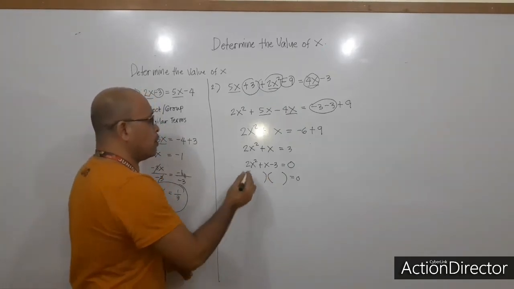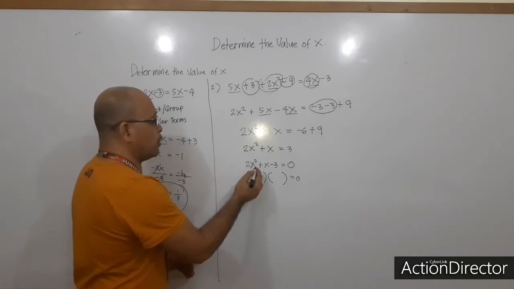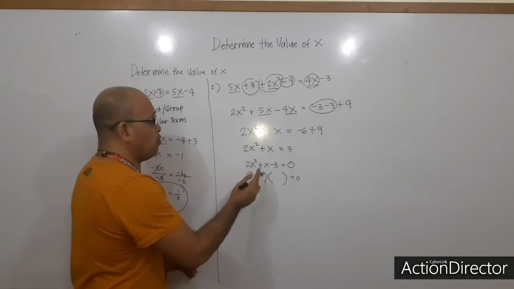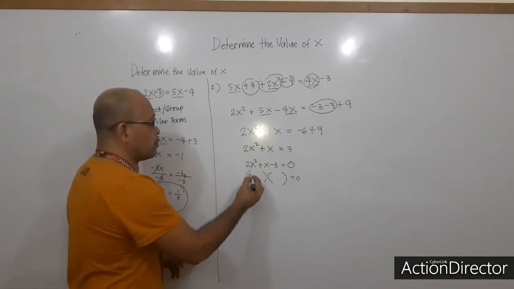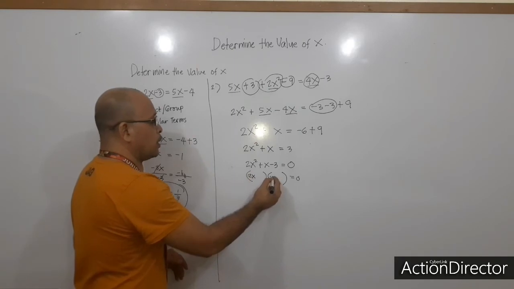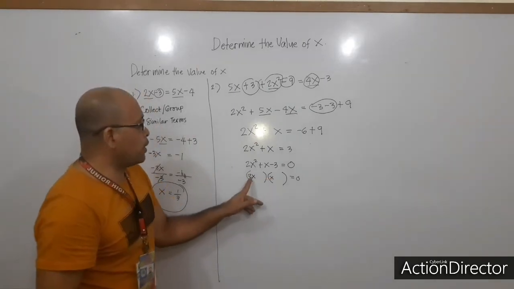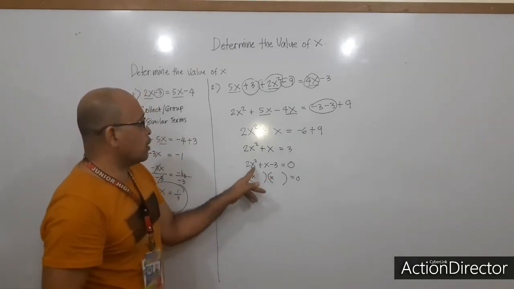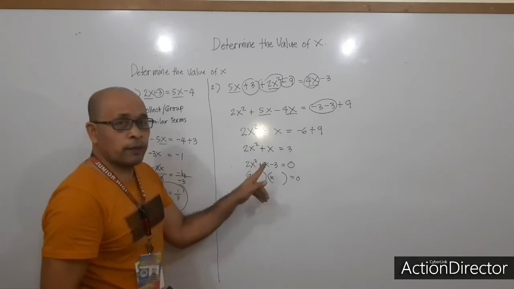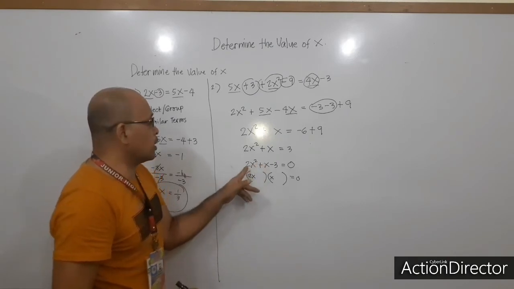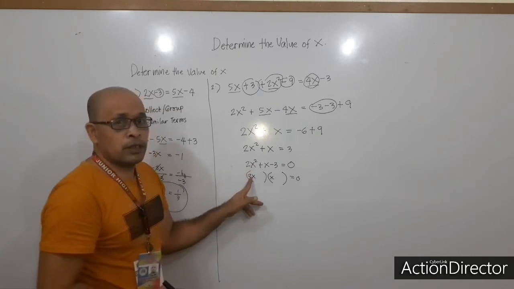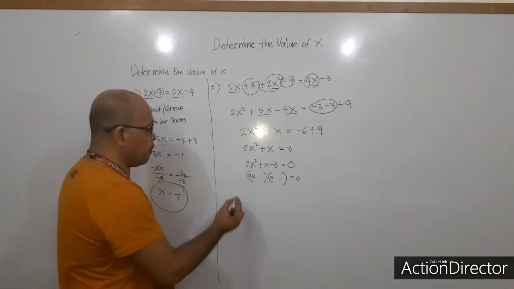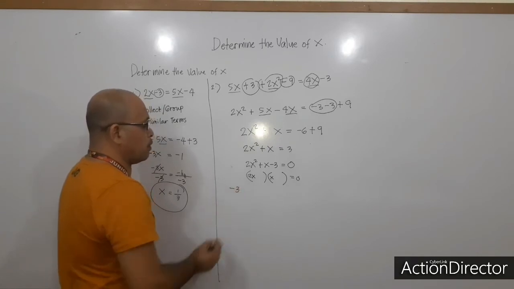Since the variable is quadratic, you may also break x squared, and it will become 2x and x. When you multiply 2x and x, it will give you back 2x squared. Since 2 is not factorable, you just copy positive 2 here, and then bring down negative 3.